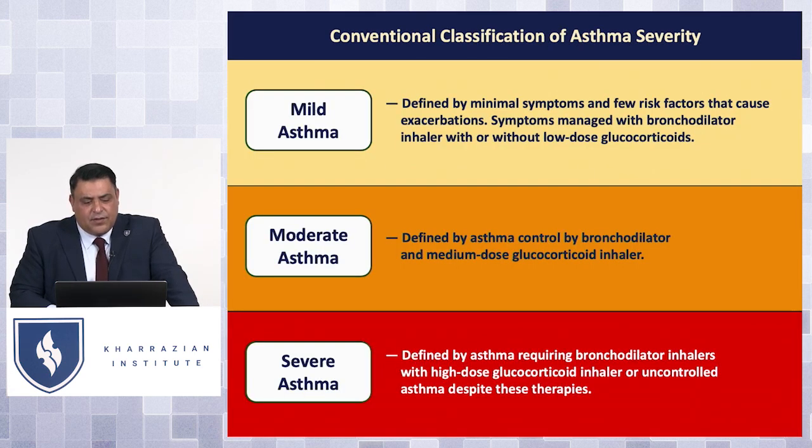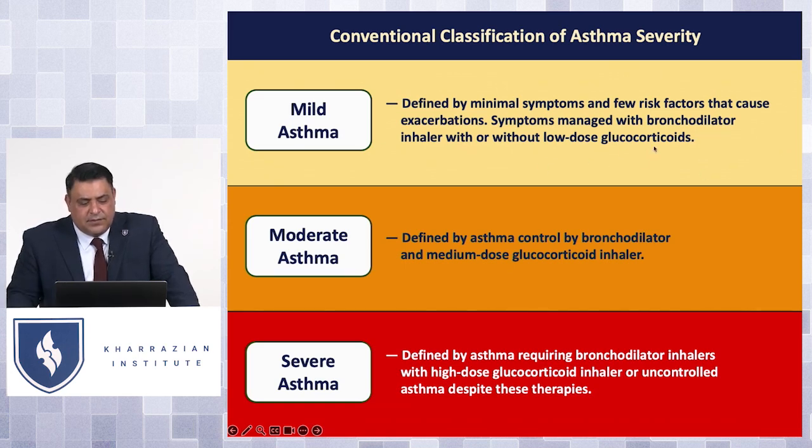Now, when you're looking at asthma, you want to get an idea of whether they have mild, moderate, or severe asthma, the classification of their asthma severity. And it's really based on how many symptoms they have and what it takes to control their symptoms. So mild asthma is defined as minimal symptoms and few risk factors that cause exacerbations, and symptoms are managed with a bronchodilator inhaler with or without low-dose glucocorticoids.